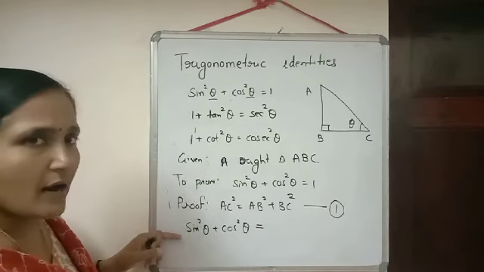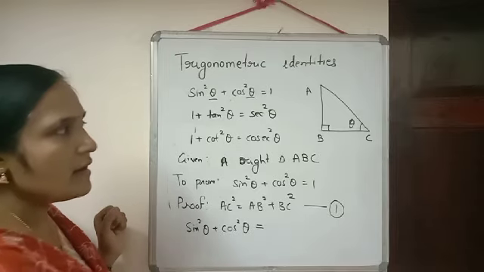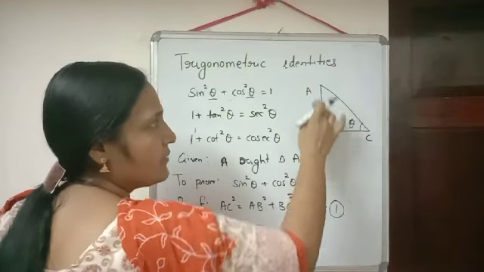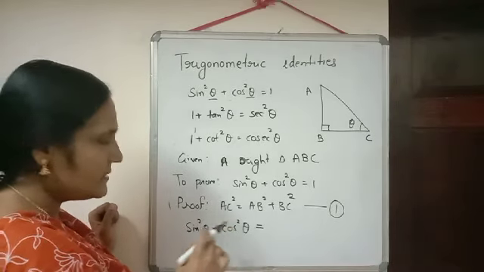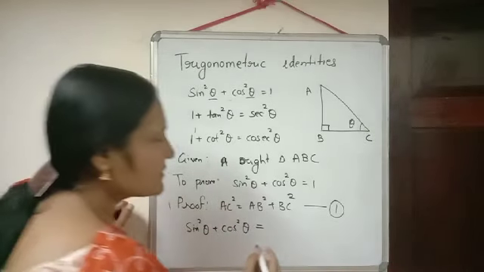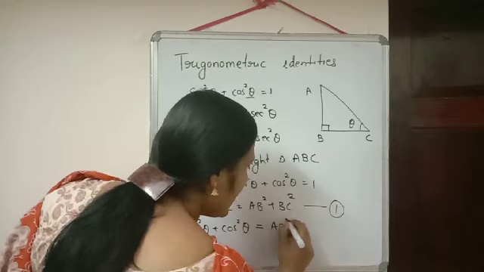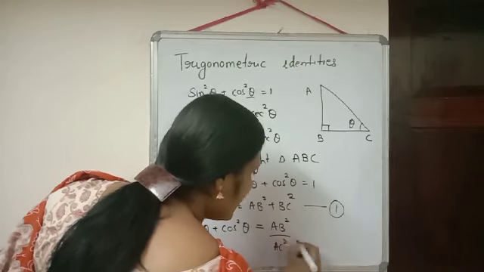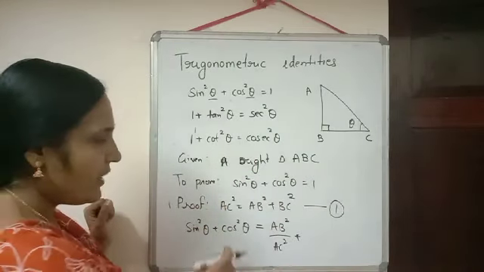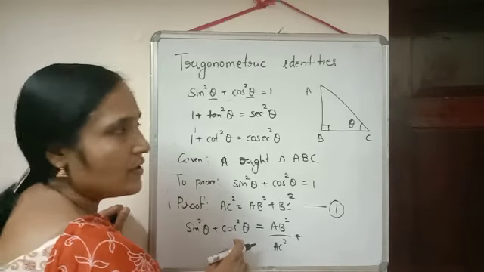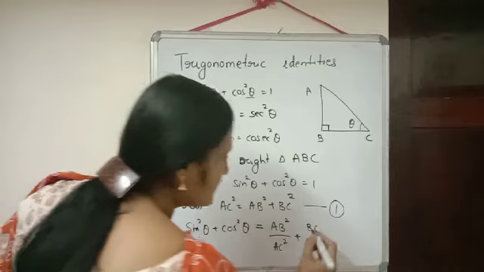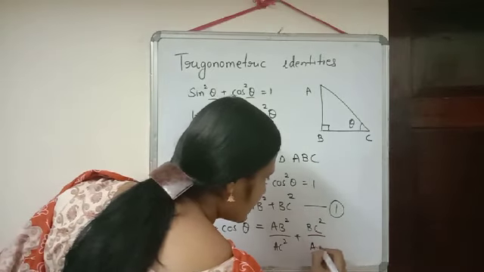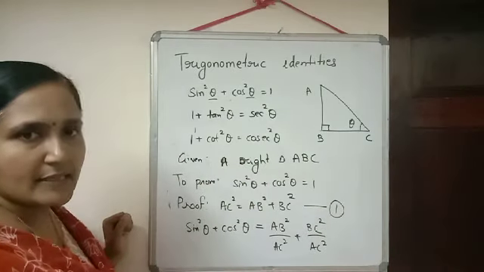According to the formula, sin theta is equal to AB by AC. So sin square theta, that is sin theta the whole square, will be AB square by AC square. In the same way, cos theta is equal to BC by AC, so cos square theta will be BC square by AC square.